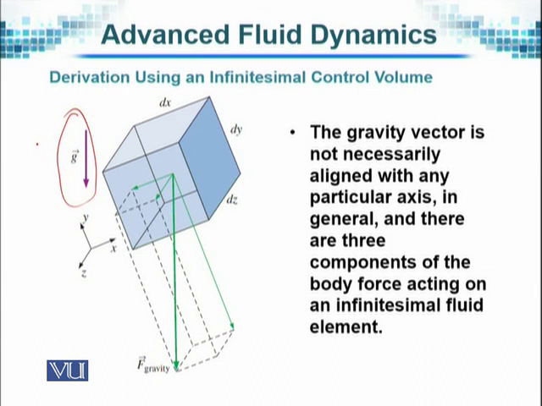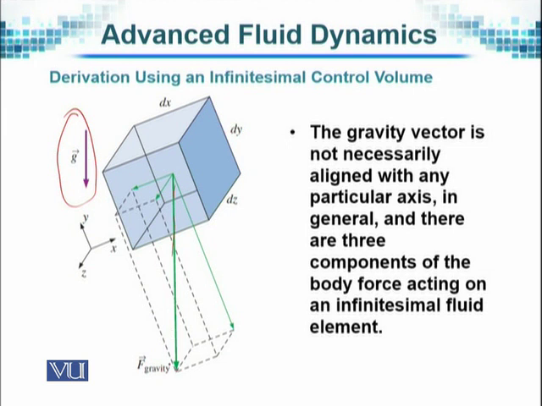For example, if we see here a small infinitesimal volume with dx, dy and dz faces of the cube, you can see that it is a little tilted, and therefore the gravity force, if it was vertical, it would be in this direction.